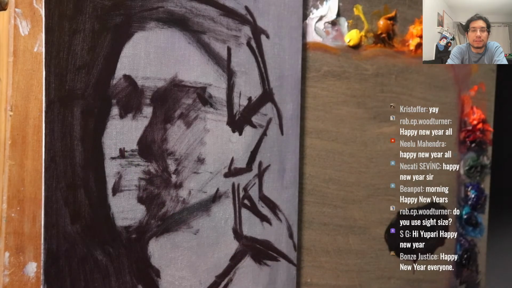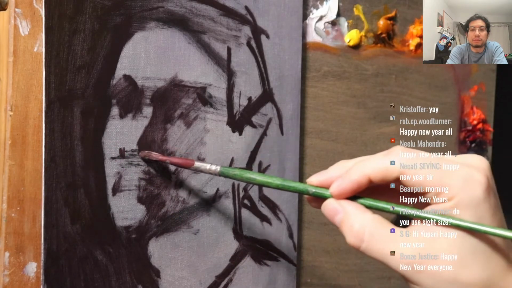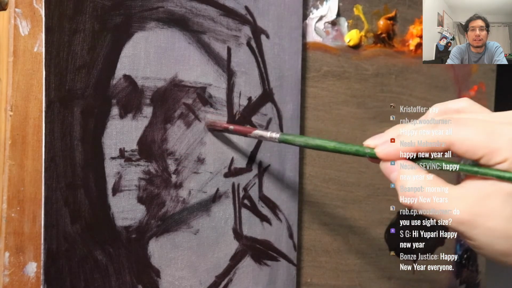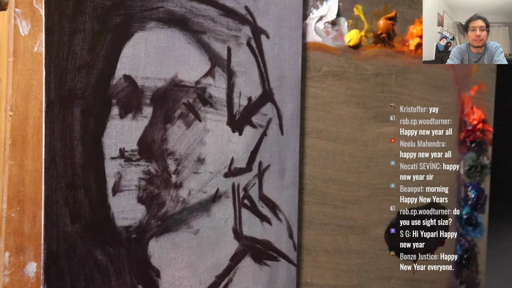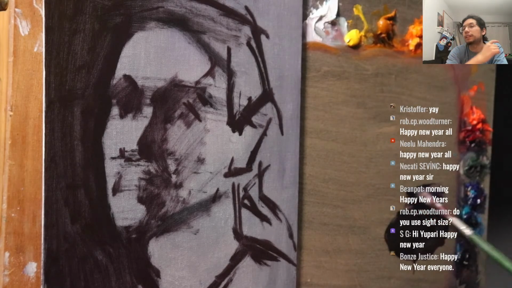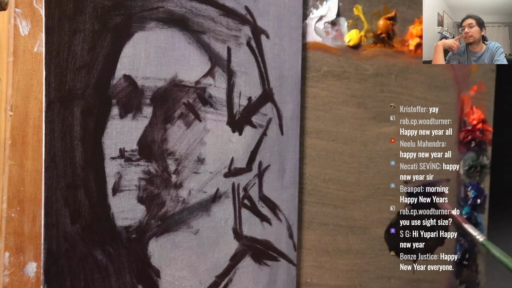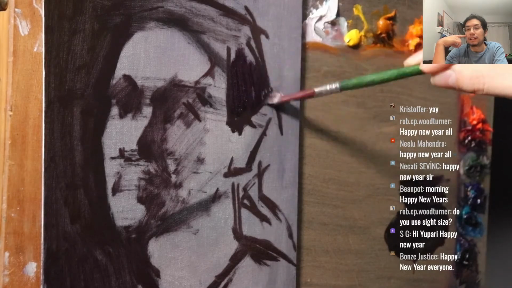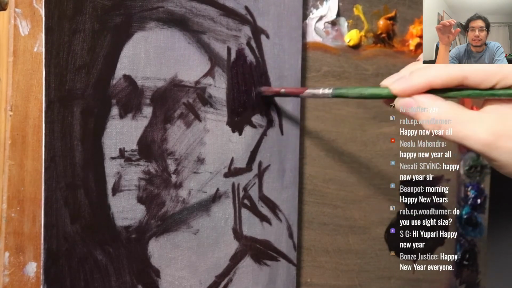So there, as you saw me point with the brush, I'm looking at the position of the corner of my nose, the corner of the nose to the side of the face. This little area right here is a window between the edge of the nose and the side of the face. That gives me a concise pose.